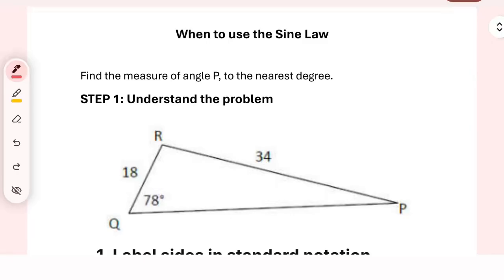If it is not a right triangle, like in this problem, then to solve for the unknown angle or unknown side of the triangle, you have to use either the cosine law or the sine law.